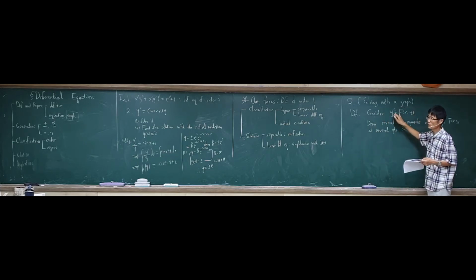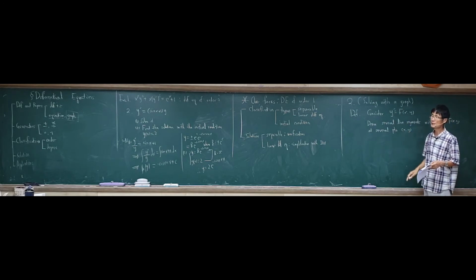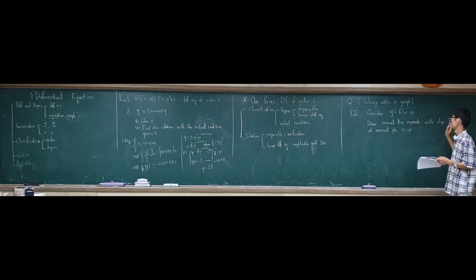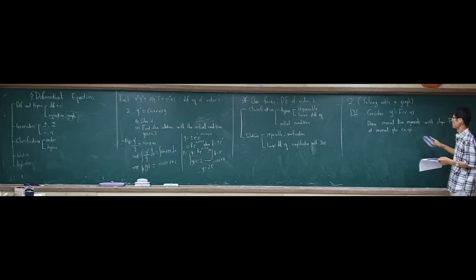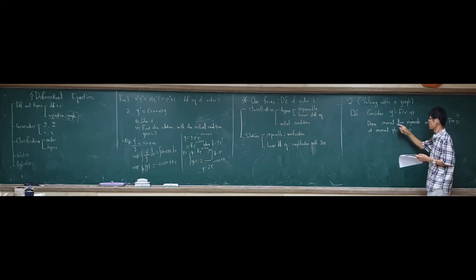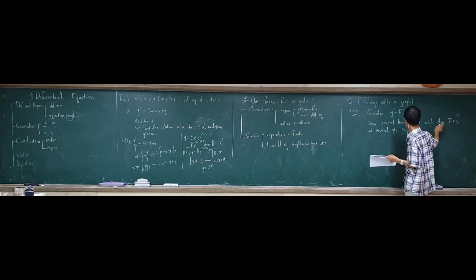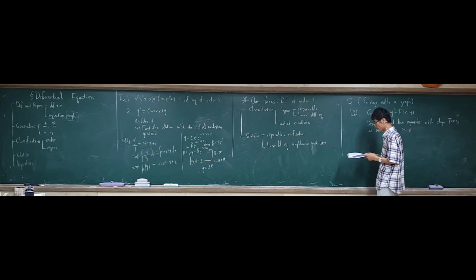The differentiation y prime means the slope of a tangent line. So we draw several line segments with a slope. Since this is y prime, we draw some small line segments with the slope f(x, y), and it is called the direction field or slope field.